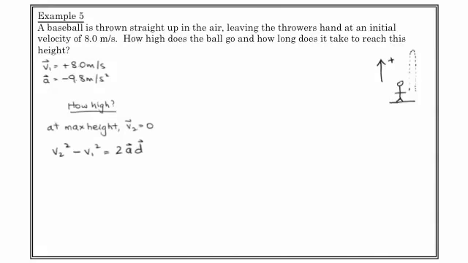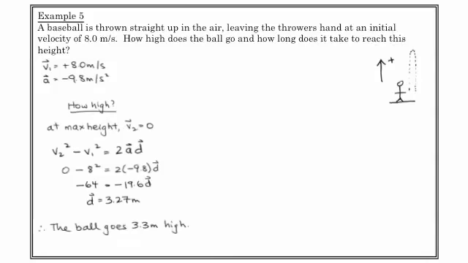And we can simply say v2 squared minus v1 squared equals 2ad. We can substitute some of our numbers in. And this is very nice because, of course, the displacement should be positive. And we can see that our 2 negative signs will cancel. And we get 3.27 meters up in the air.